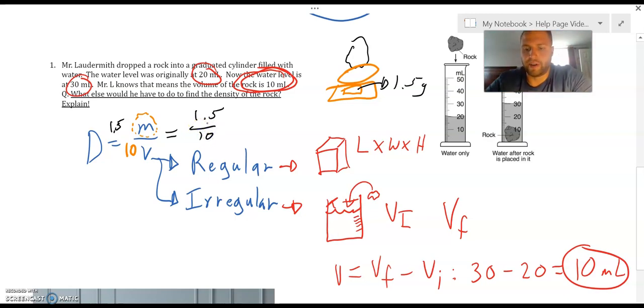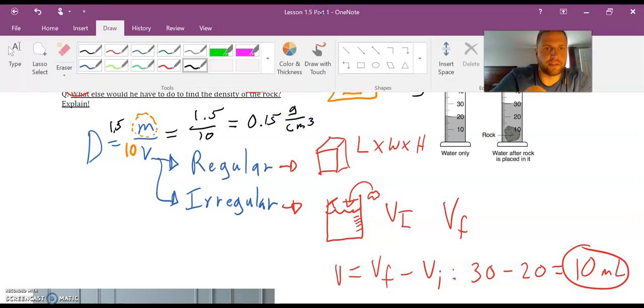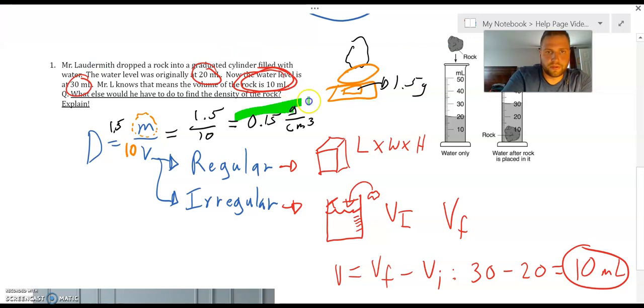So I have my trusty calculator, 1.5 divided by 10. It comes out to a decimal. The decimal is 0.15. I need to add some units here to finish, and my units will be grams per centimeters cubed, right? And let's highlight this so we can see it a little bit better.